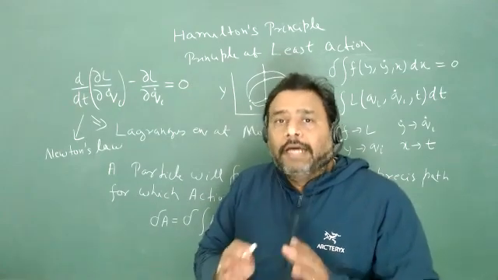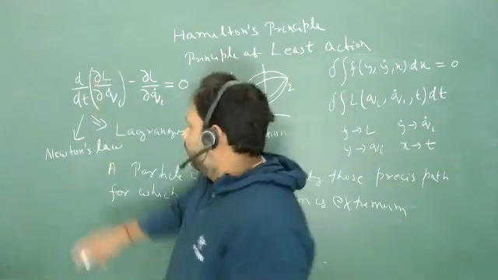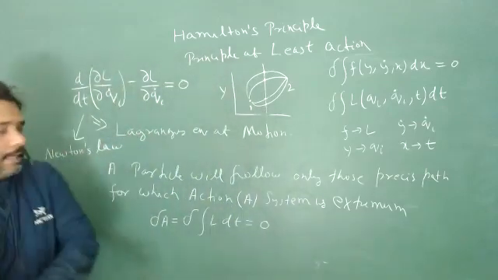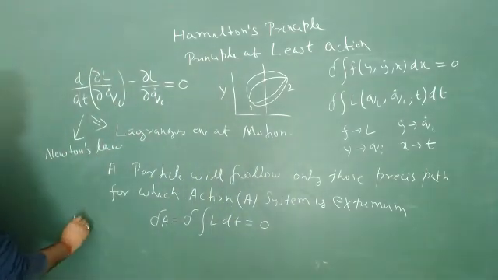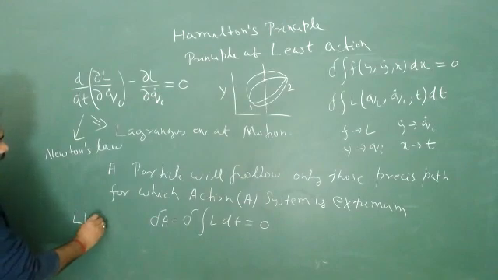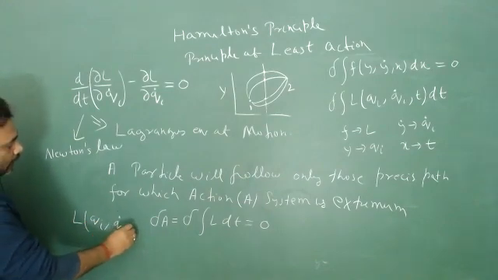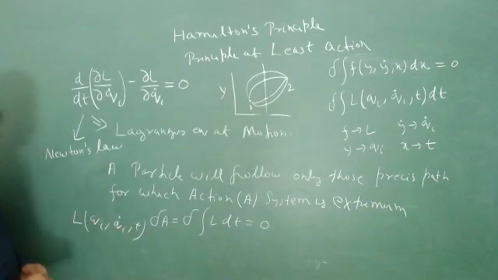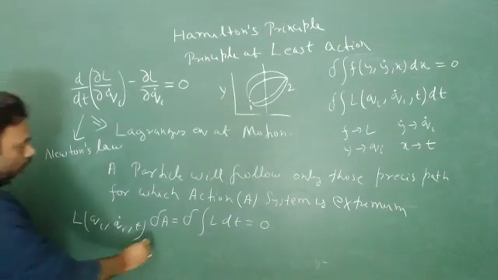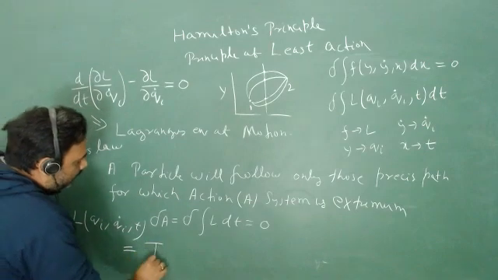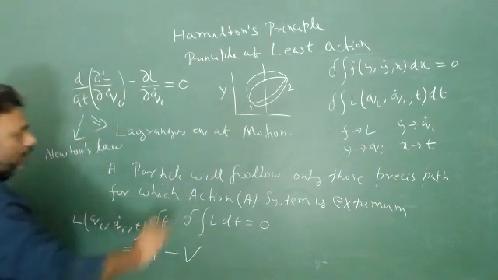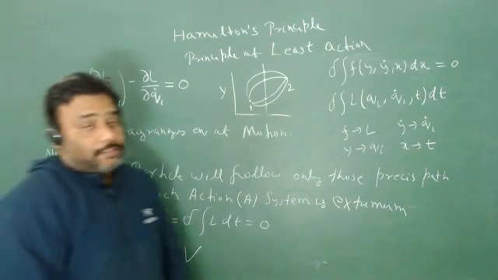Then we identify this particular L as a function of generalized coordinate, generalized velocity, and time, and this is nothing but kinetic energy minus potential energy of a system.